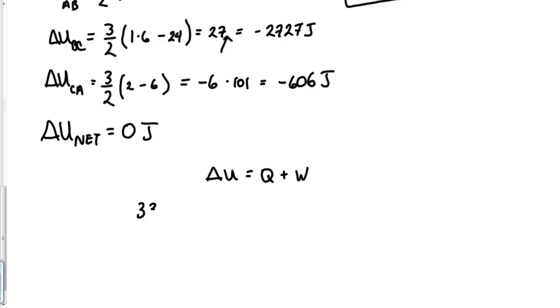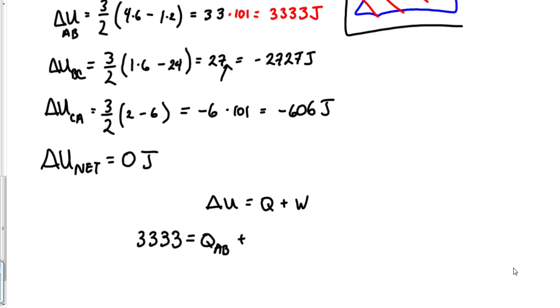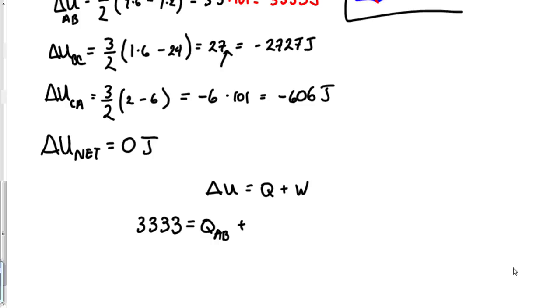So 3333 equals Q AB plus, now I'm going to find work AB, and that was negative 1010. So that means that Q AB is, add 1010 to both sides and then do the algebra.